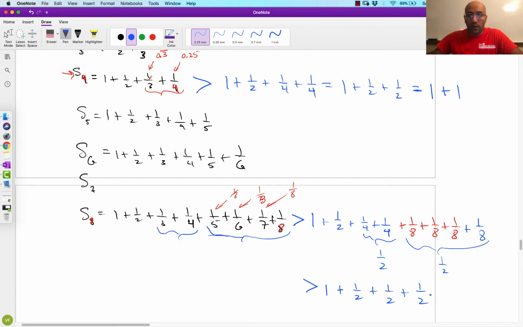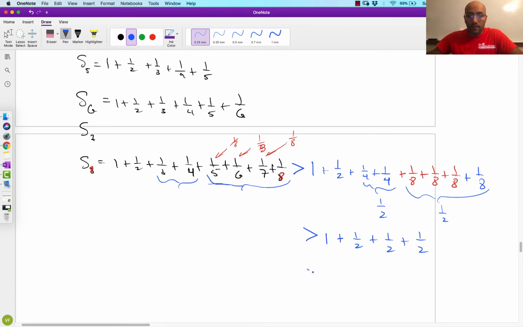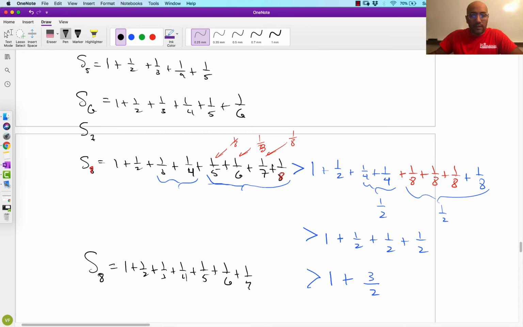Okay, so this ends up being 1 plus 3 over 2. So we have that s over 8, which was equal to 1 plus 1/2 plus 1/3 plus 1/4 plus 1/5 plus 1/6 plus 1/7 plus 1/8, is equal to this.